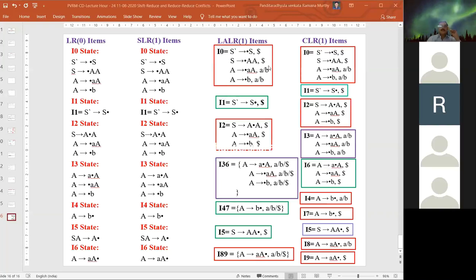This is called LR1 items. These are LR0 items. LR0 items for LR0 and SLR parsers are the same, whereas it is different in LALR and CLR.